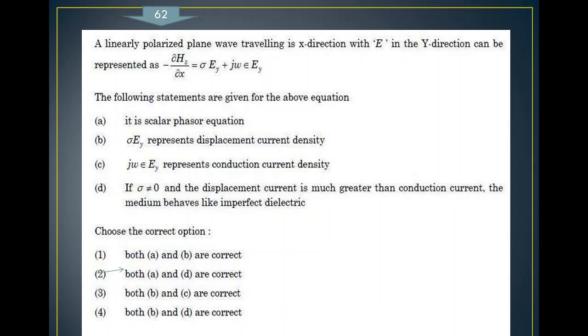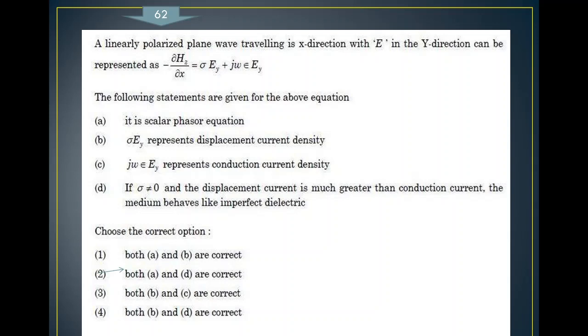Statement B, sigma Ey represents the displacement current density. Statement C, j omega epsilon Ey represents conduction current density. And statement D, if sigma is not equal to 0 and the displacement current is much greater than the conduction current, the medium behaves like an imperfect dielectric.